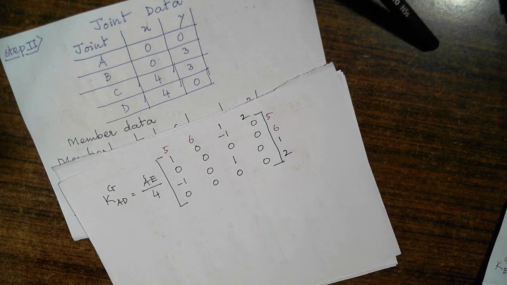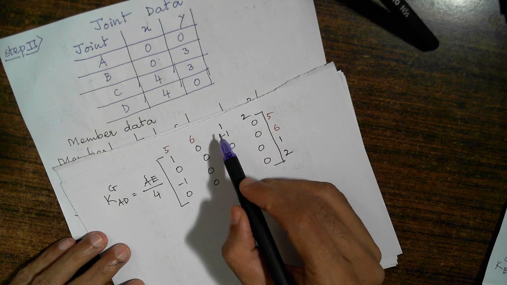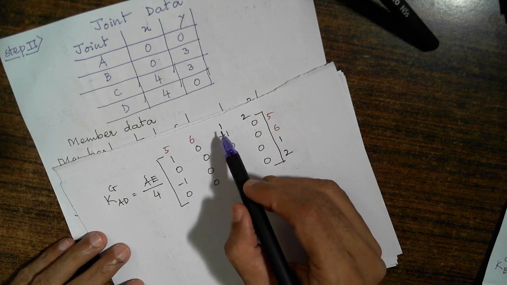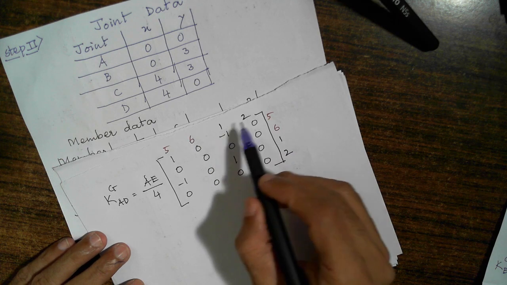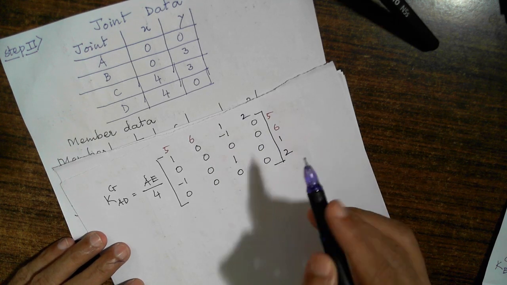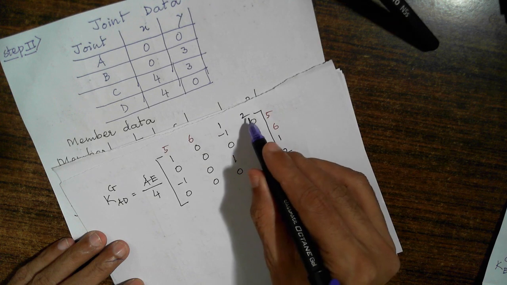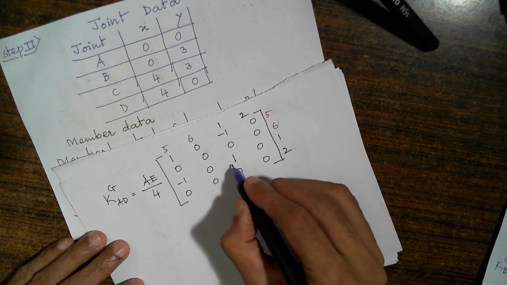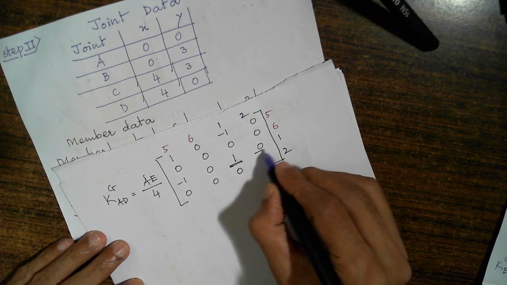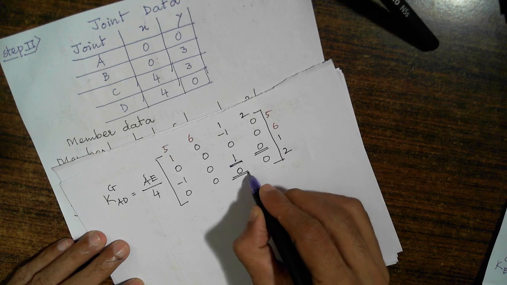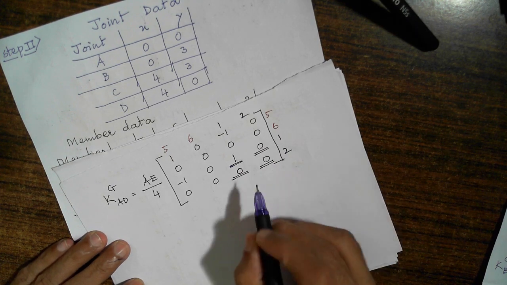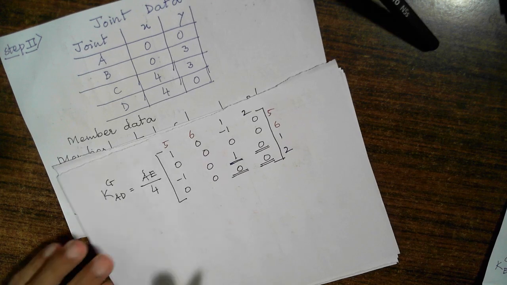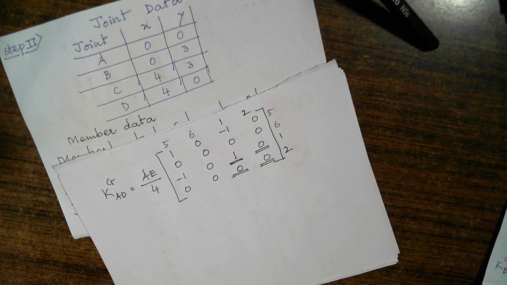Now I know my global stiffness matrix will be of size 3 by 3, in which columns 1, 2, 3 and rows 1, 2, 3 will be there. So the intersection of columns 1, 2 with rows 1, 2 will be the elements that will be mapped for my global stiffness matrix for the structure as a whole. So these 4 elements will be mapped.